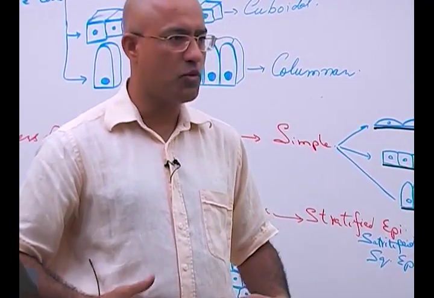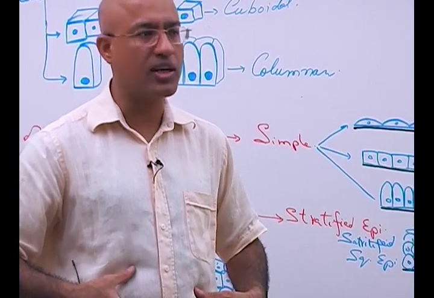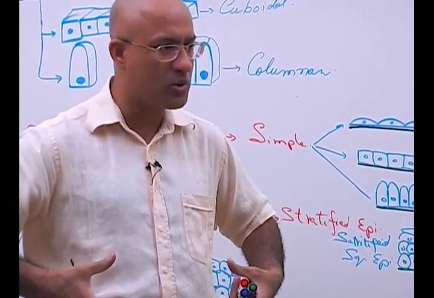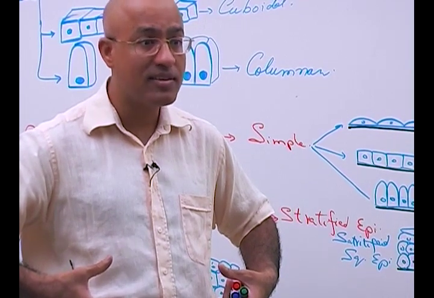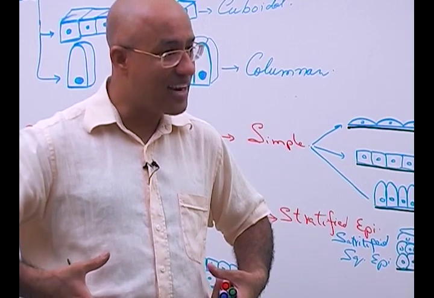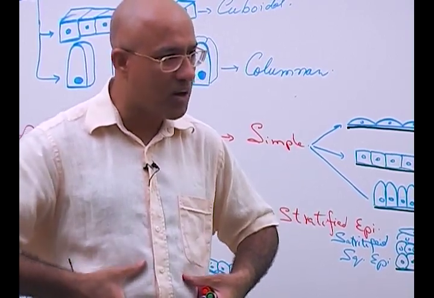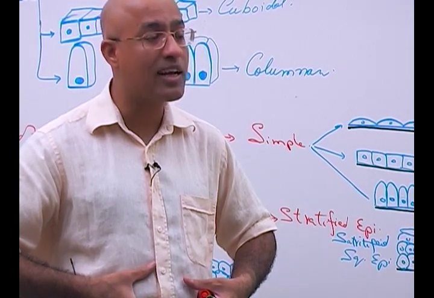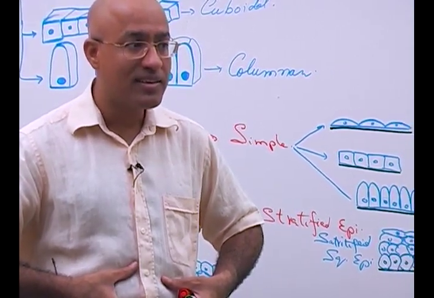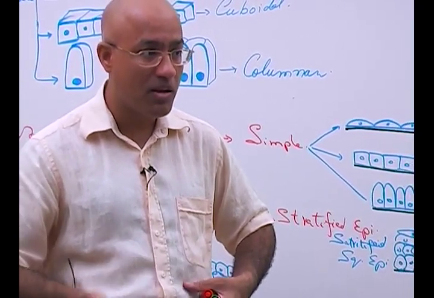It is 4-5 layers of cells, but it has a special feature: when the urinary bladder is full of urine and stretches out, the layers become fewer. And when you pass the urine out and the urinary bladder becomes smaller, then the same number of cells are accommodated into a smaller area, so the layers of cells become more.